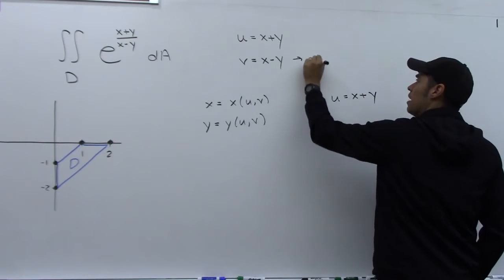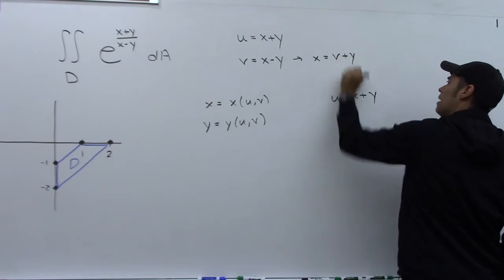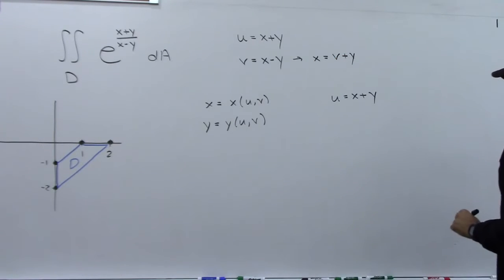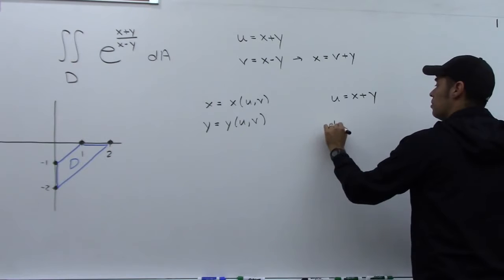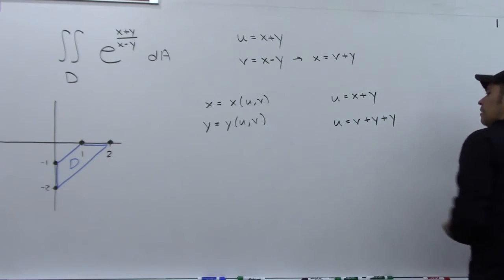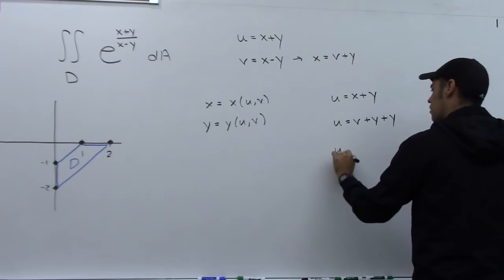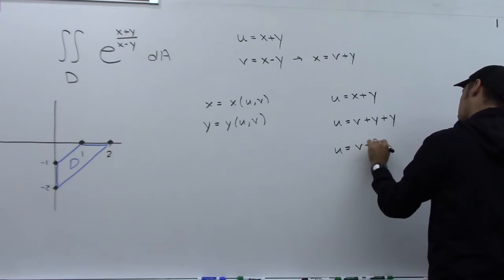So x is equal to v plus y, right? So if I rewrite this, u is equal to v plus 2y.